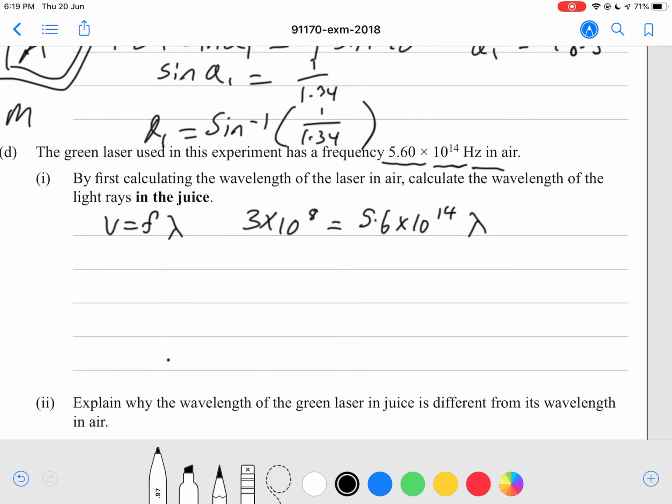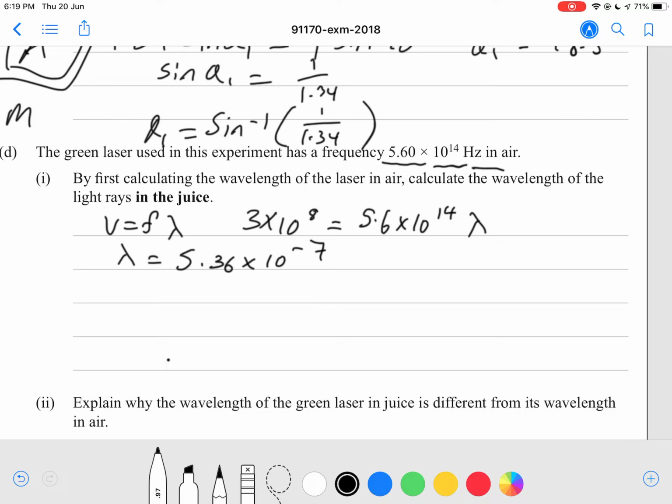That gives us a lambda of 5.36 times 10 to the power of -7. Let me just double check that. Yeah, that should be the correct 5.36 times 10 to the power of -7.